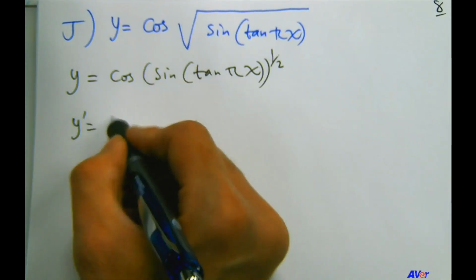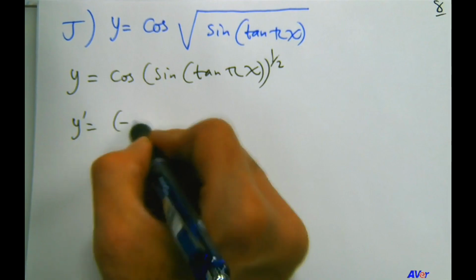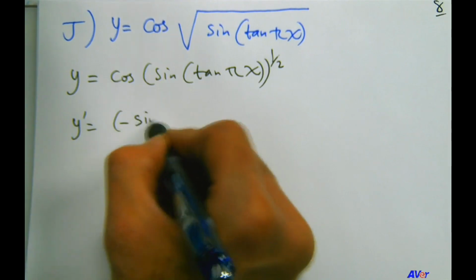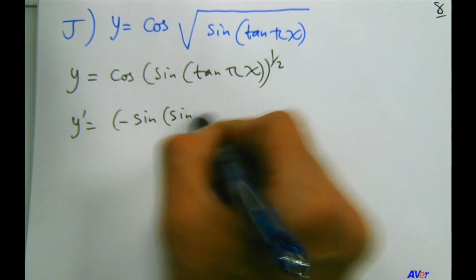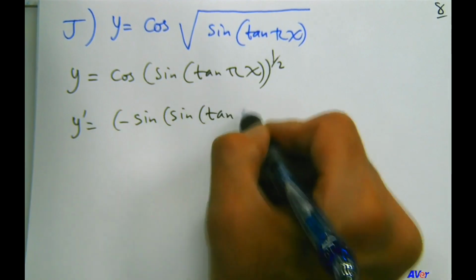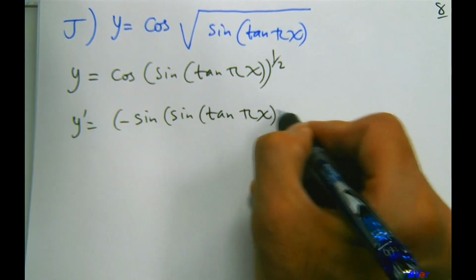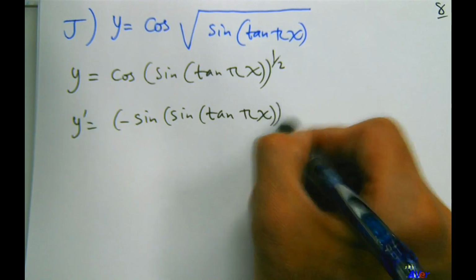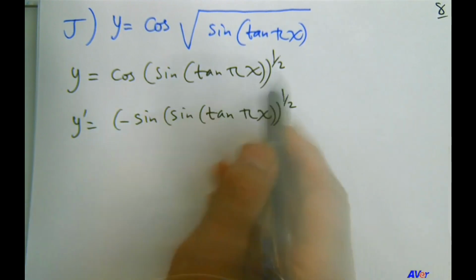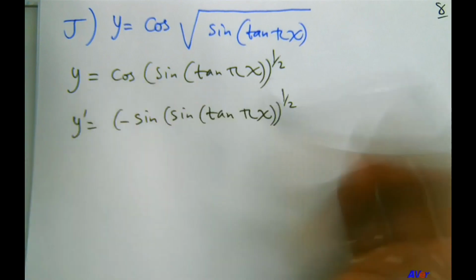So that would be minus sine of all of that, times the derivative of that by the chain rule.